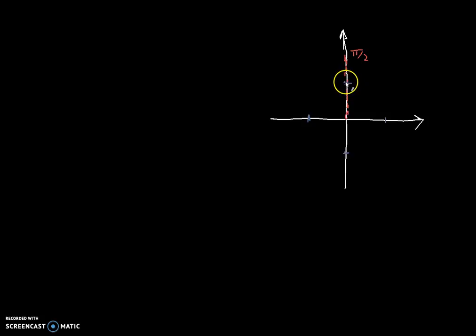Now you have a circle that goes all around this coordinate system, something like this. So now this is 1 unit, and this is again 1 unit.